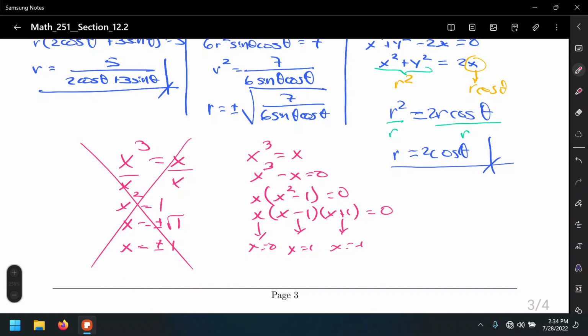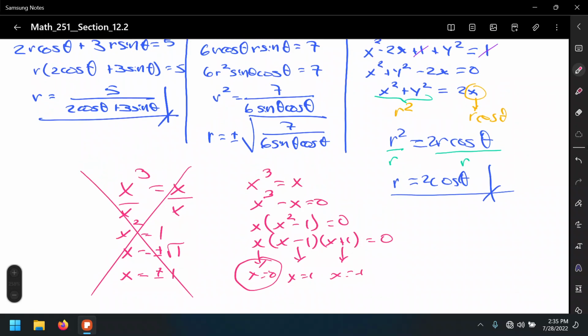Are we allowed to divide by 0? In this case, x can take any value except 0 because of the division by 0. And it happens that one of the solutions is 0, so the minute we do it, we are actually doing that division by 0. However, in the polar world, it's possible to do this because the radius can be 0. So that's why we can do this division.